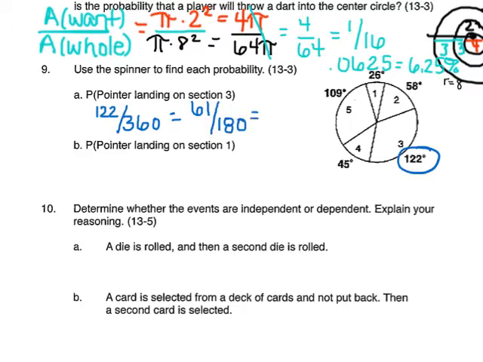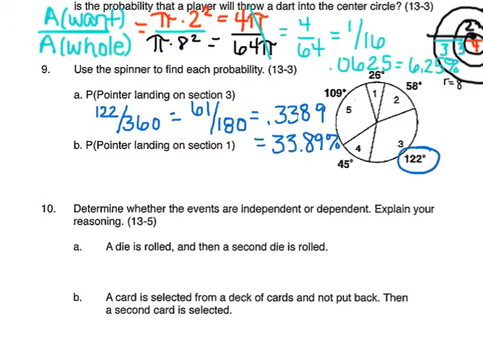As a decimal, that comes out to be 0.3389, if I'm rounding. And as a percentage, that would be 33.89%.